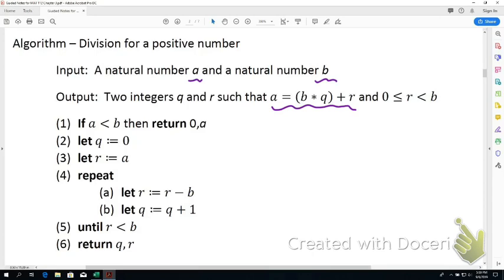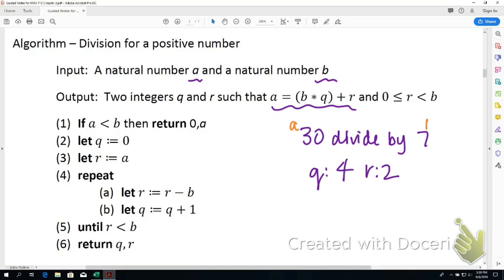Well, think about it. Let's say, for instance, from the last example, we had 30 divided by 7. We got Q to be 4 and R to be 2. And you can think of it as the 30 is A and the 7 is B. So how could we go from B and Q and R back to A?